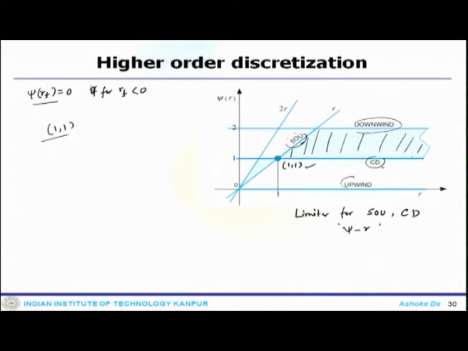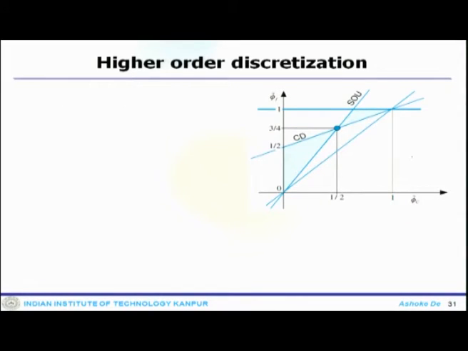And the corresponding region one can show on the NVD. So, if you look at this, this is the region on the normalized variable diagram. Here we are trying to make a one-to-one correspondence between the NVD and the psi R diagram, because the psi R diagram is going to get you the different classes or variants of TVD schemes.